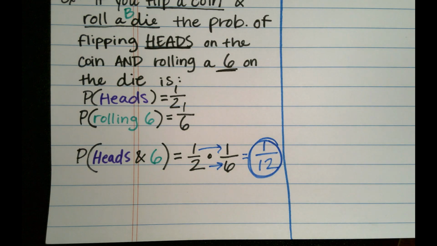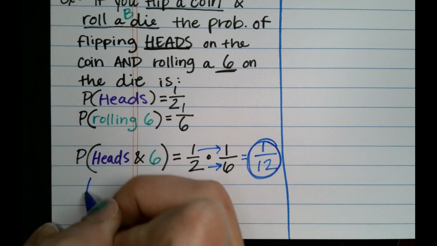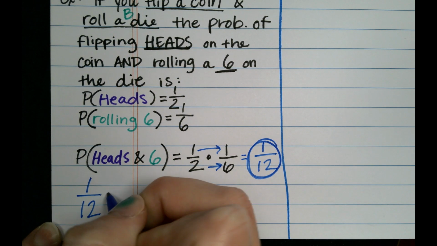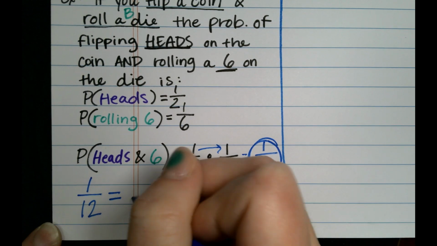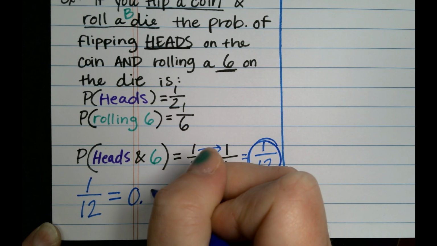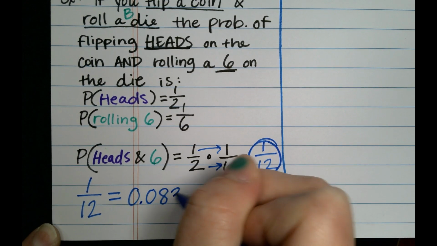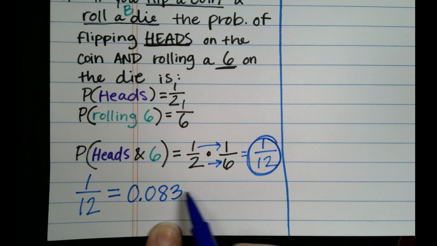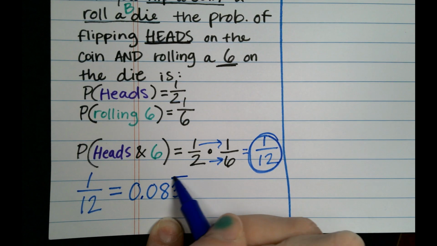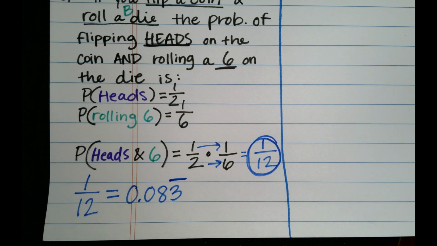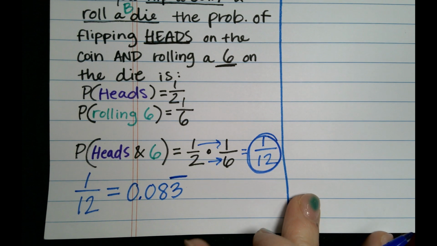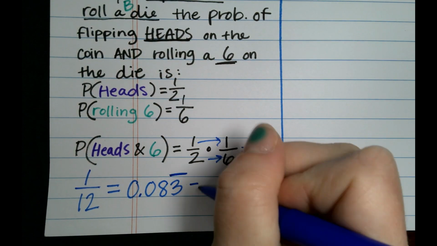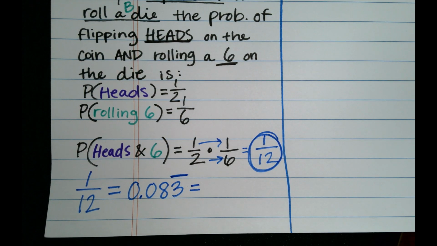So I'm going to write 1/12 equals 0.083. And that 3 is repeating, so I'm going to put a line over it. Now, I've never taught you this, but does anyone just know how I turn a decimal into a percentage? You move the decimal over 2 spaces.